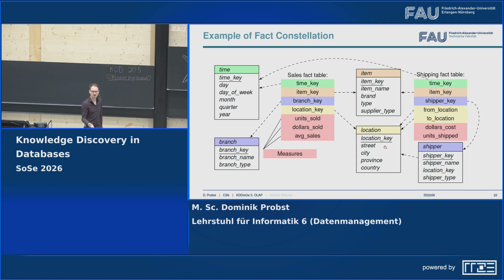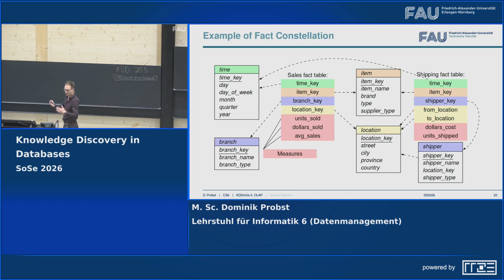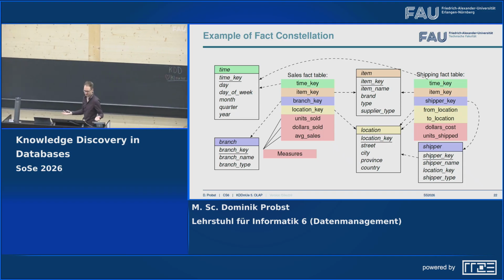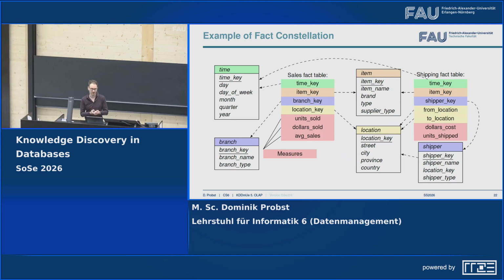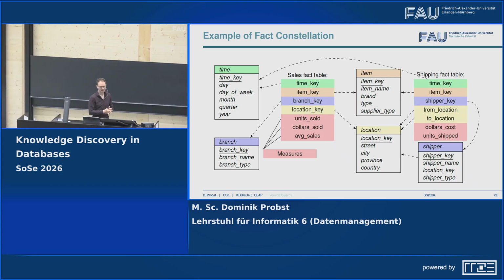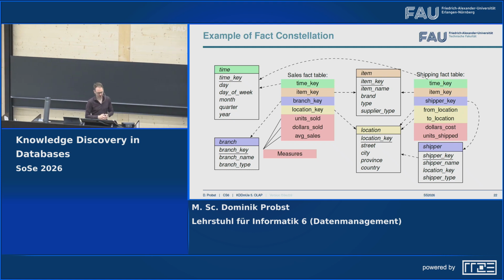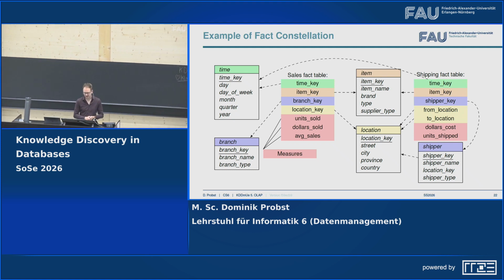Of course, a location is the same for both cases. We will have streets, cities, provinces, countries. That's pretty easy to do. Fact constellation can also be used in a snowflake schema. Then it gets a lot more complex, so we will skip that.